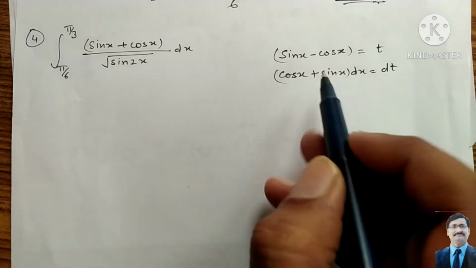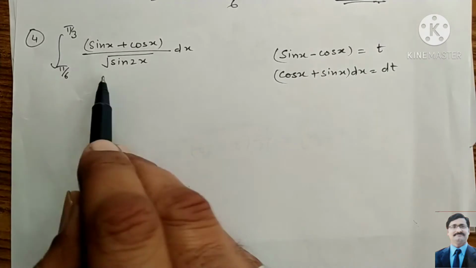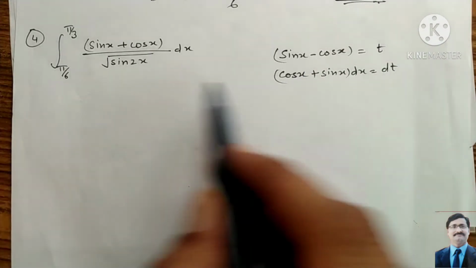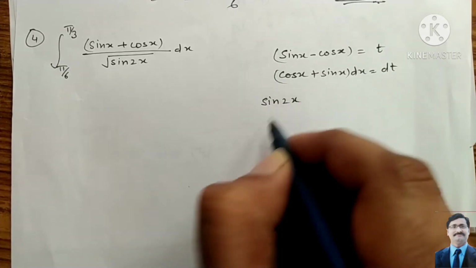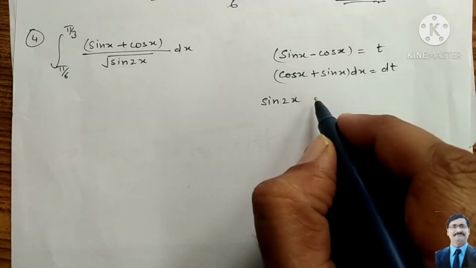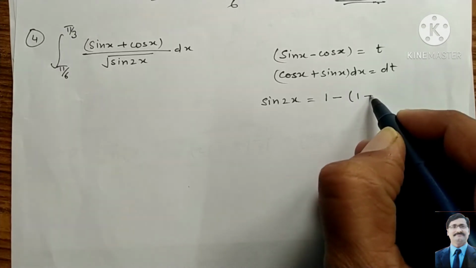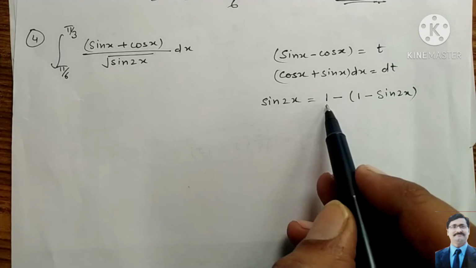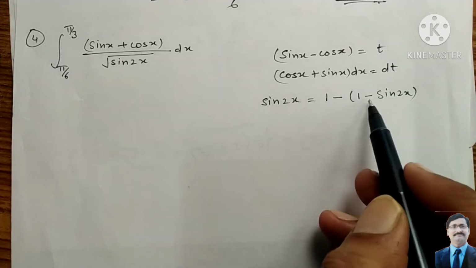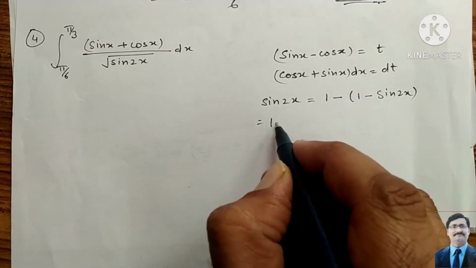So in place of sin x plus cos x dx we can write dt, and in the denominator we can write t. But directly sin 2x is given, and sin 2x we can write as 1 minus (1 minus sin 2x). If you open the bracket, minus minus plus, and 1 cancels, we get sin 2x.